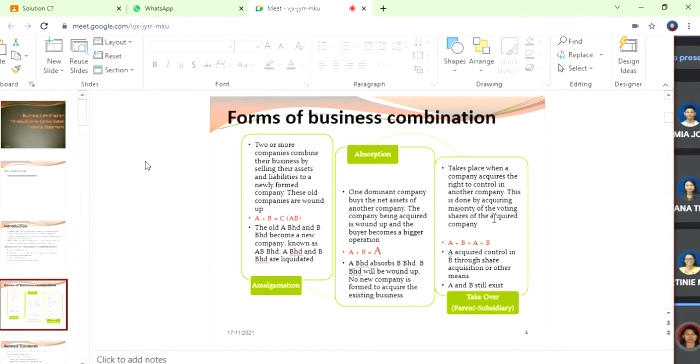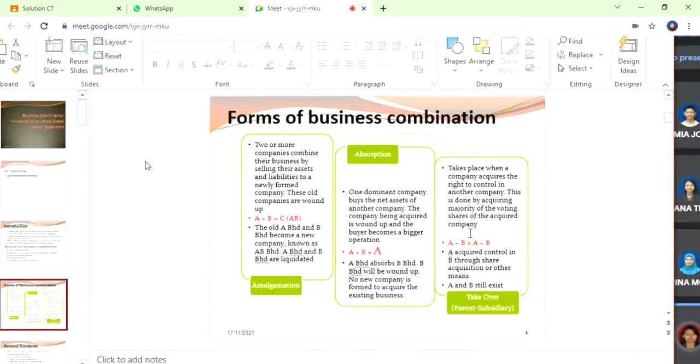By acquiring the majority of the voting shares of company B. So I repeat, A and B are two entities. A will acquire the right to control B. How does it acquire the right? A will acquire the majority of the voting shares.